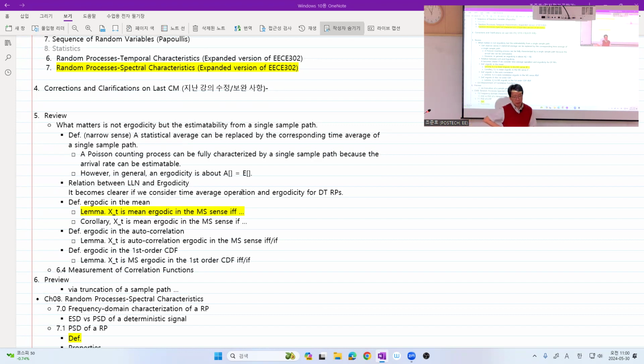But mathematically speaking, what we are given in reality is a single sample path.